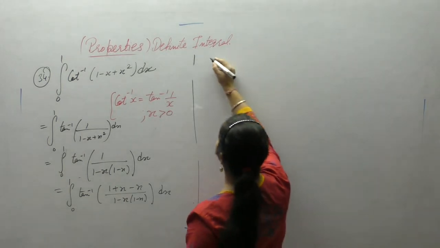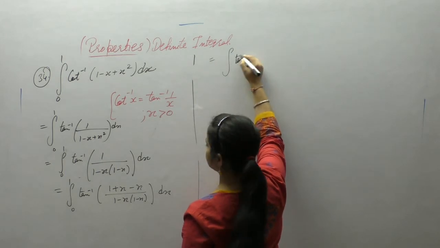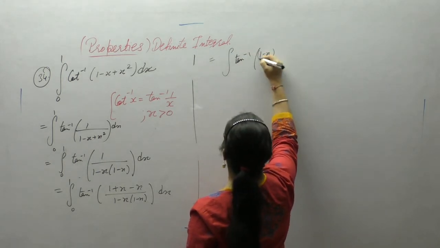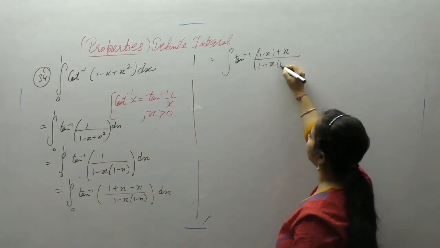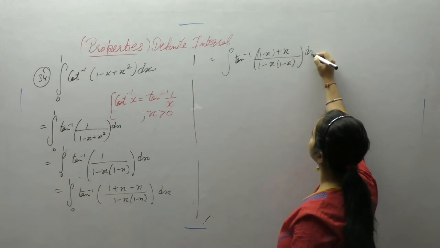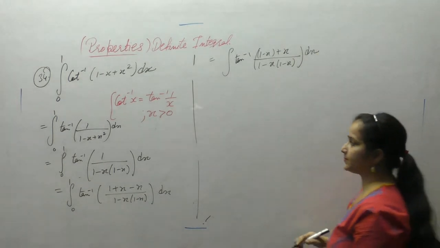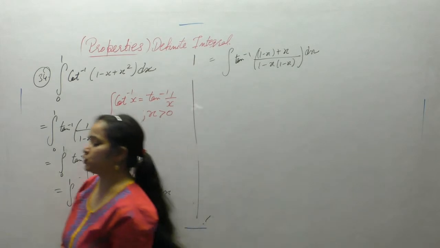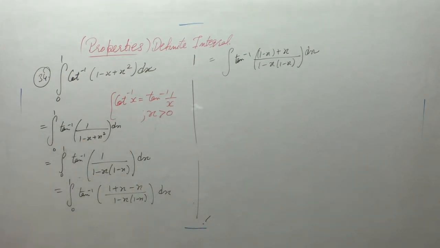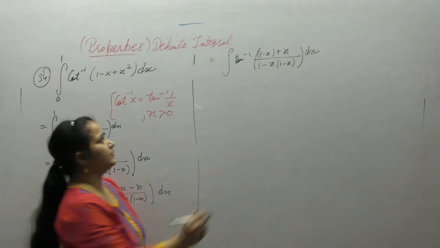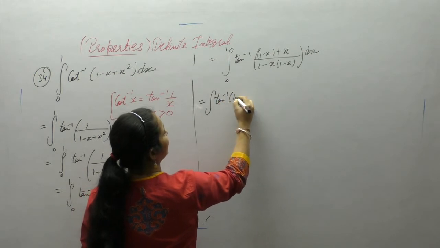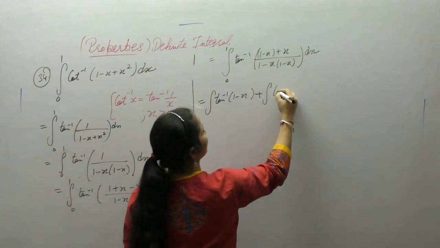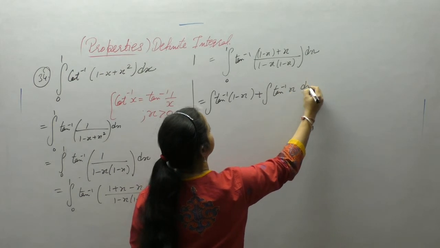Now it becomes of the form tan inverse of (a plus b) upon (1 minus a into b). This is the formula for tan inverse a plus tan inverse b.